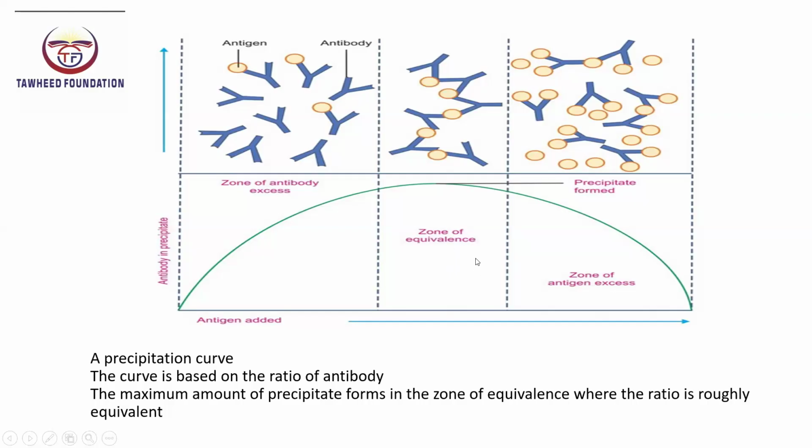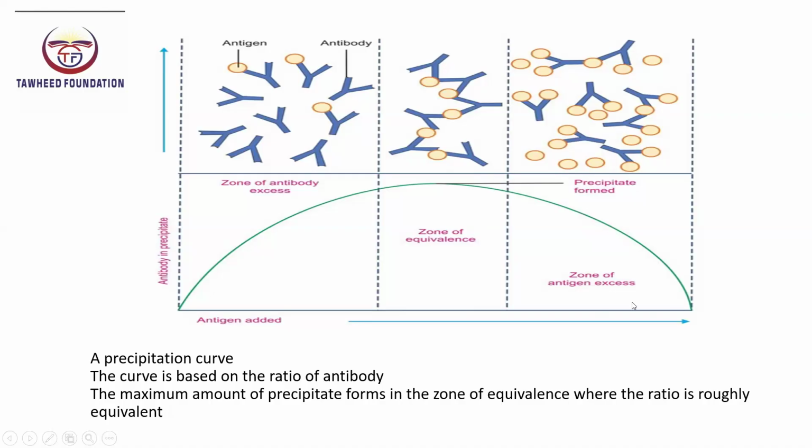This allows maximum cross-linking between antigen and antibodies, forming large insoluble lattice networks. Because of this extensive lattice formation, maximum precipitation occurs here and the curve reaches its highest point. This is the ideal region for performing serological tests because reactions are clear and visible.